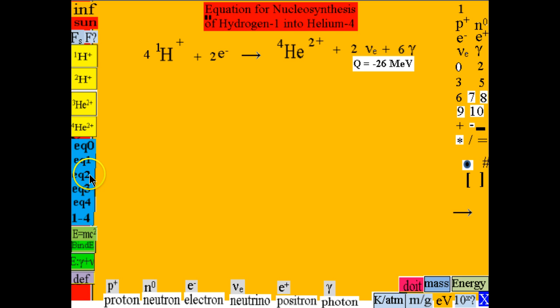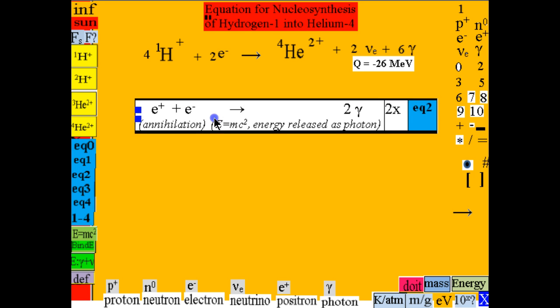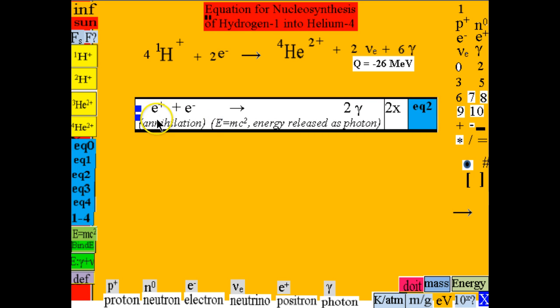Let us look at that again. Here you have the equation, a positron and an electron become 2 photons. This is an annihilation of matter and antimatter, that both have mass, into a massless energy particle, which is a photon.